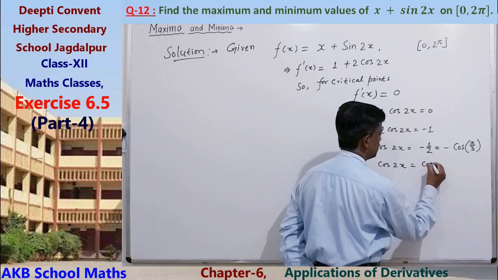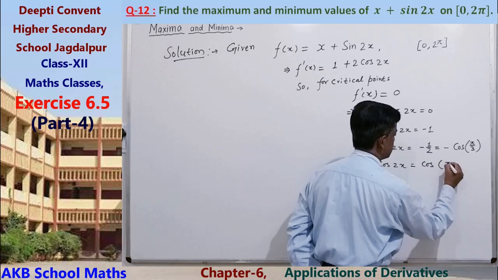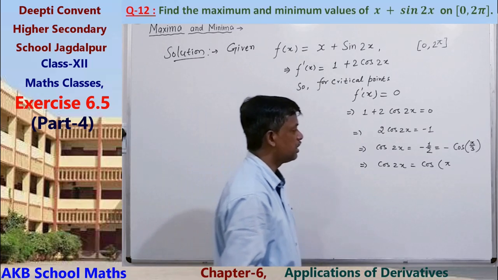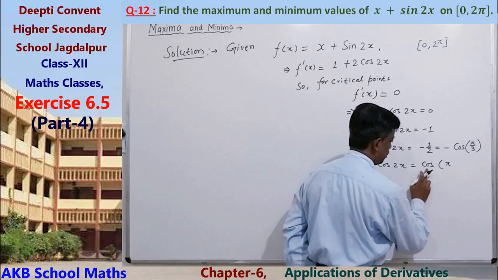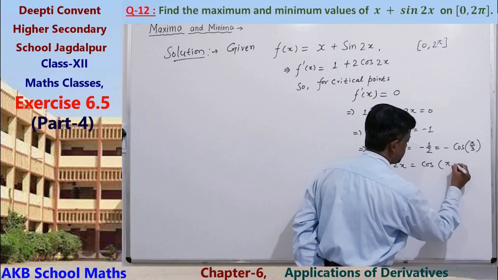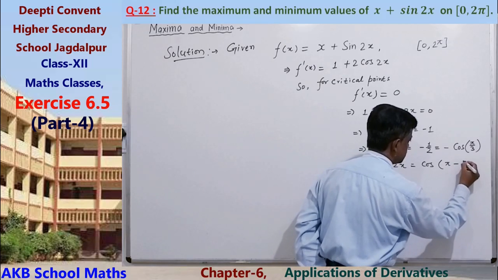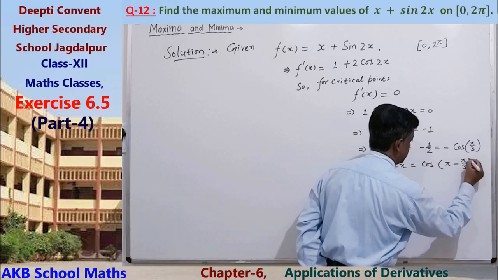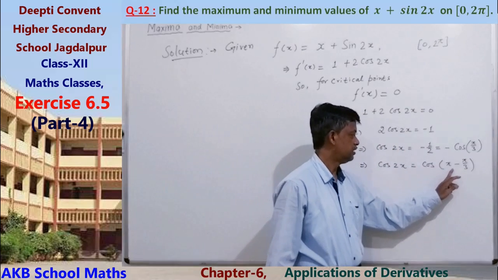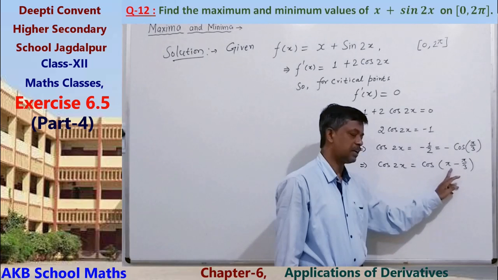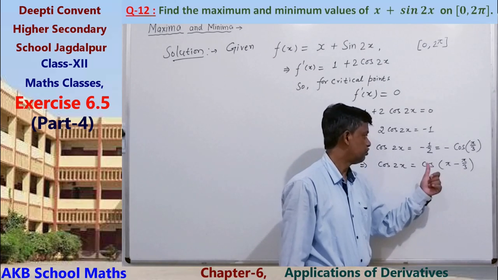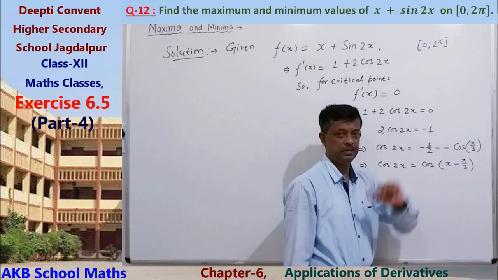We can write cos of pi minus pi by 3. In the second quadrant cos is negative, so that is minus cos pi by 3.